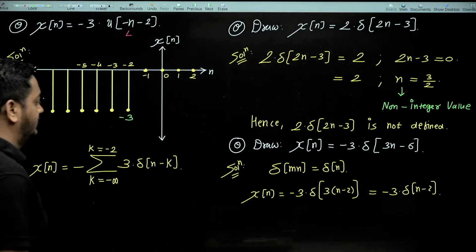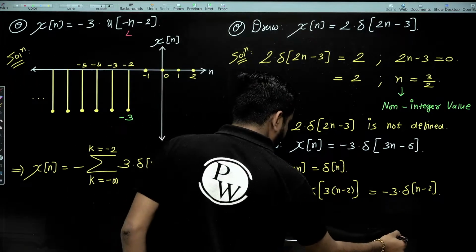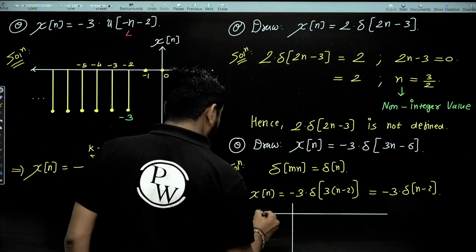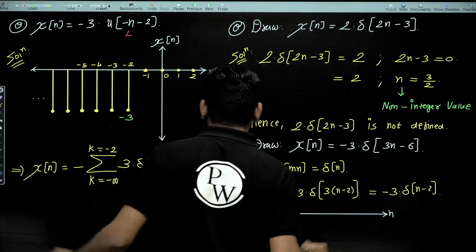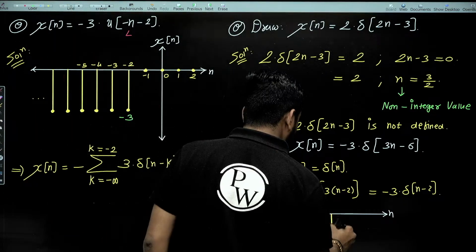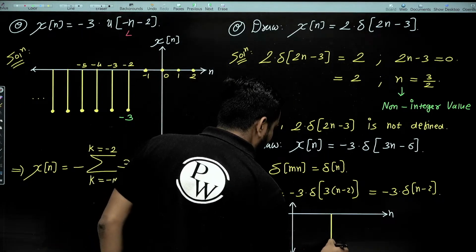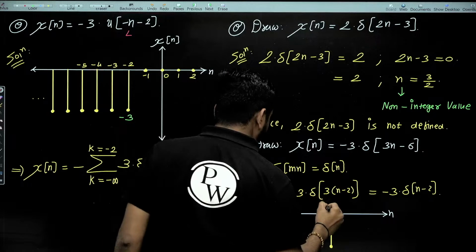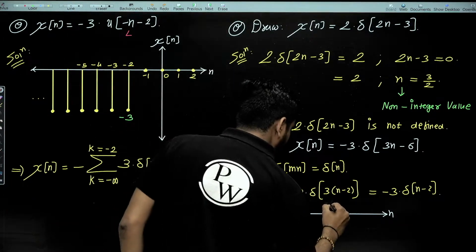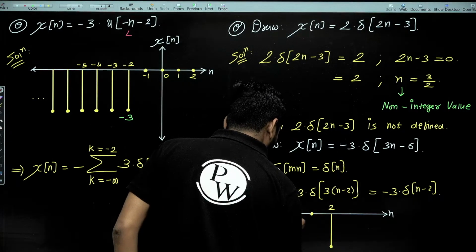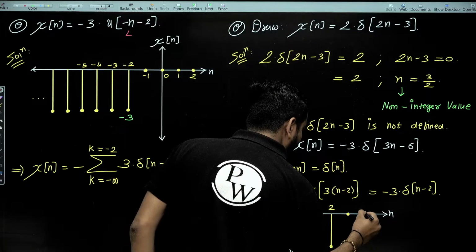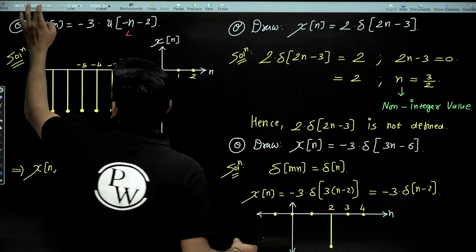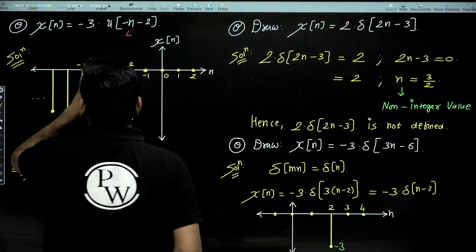So this impulse function is present at n equal to 2, having amplitude minus 3, guys.